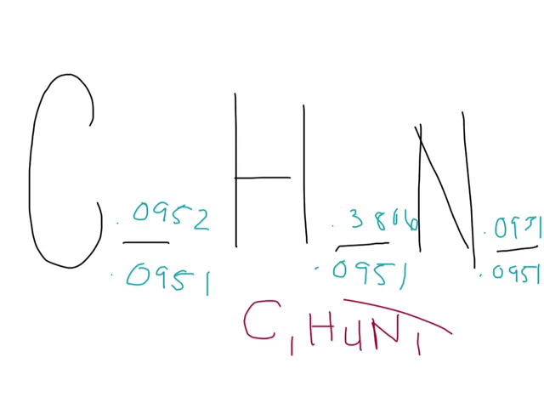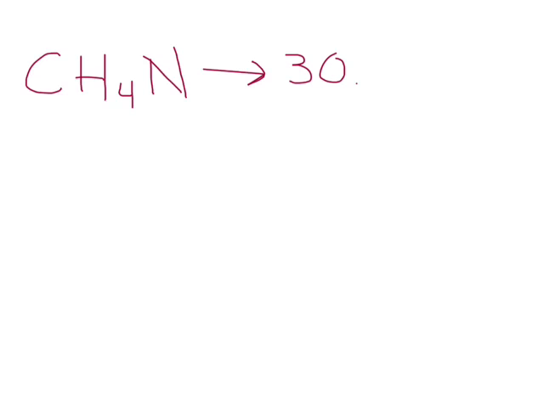So this is the empirical formula, and now we need to find the molecular formula. We have CH4N, and we need to find its molar mass, which is just adding everything from the periodic table, and that equals 30.05 grams.